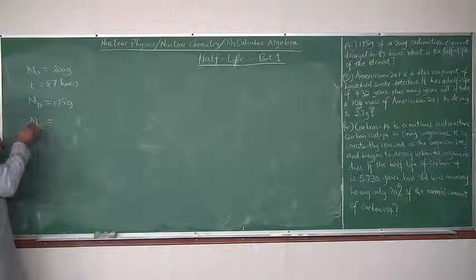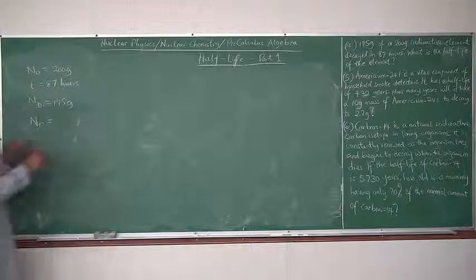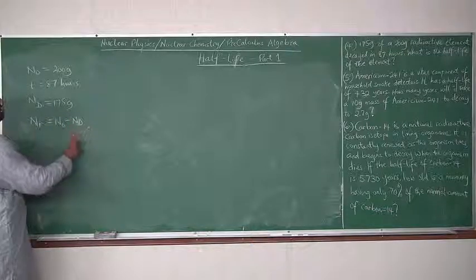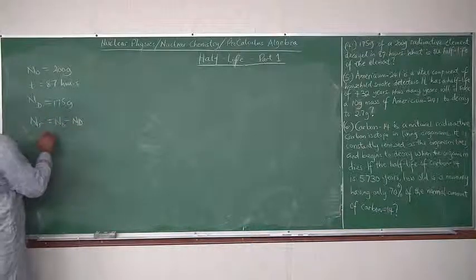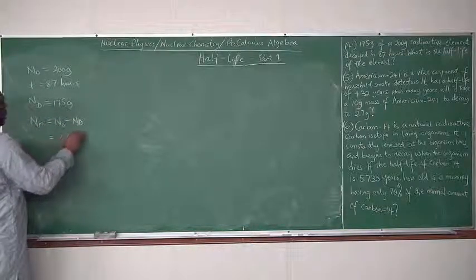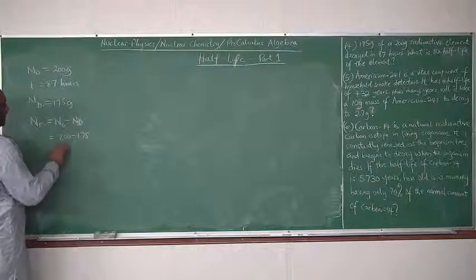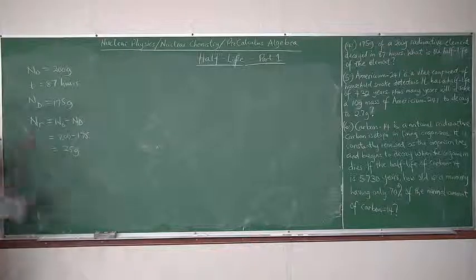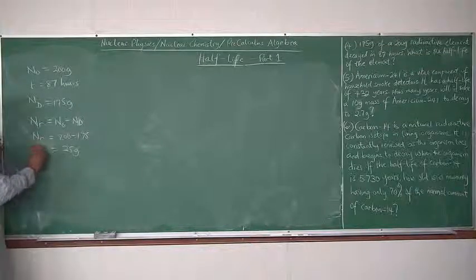You have to be careful about these questions. It is the original amount minus the amount decayed, which is 200 minus 175, which is 25 gram. This is what we will use to solve the question.